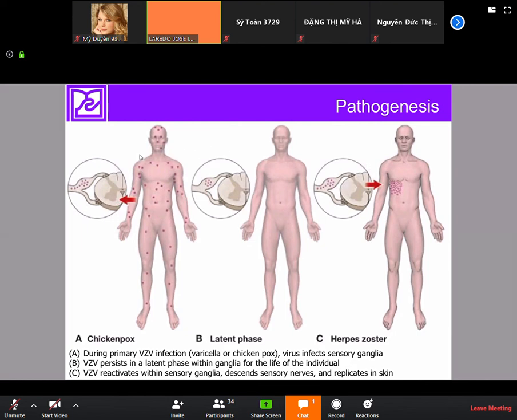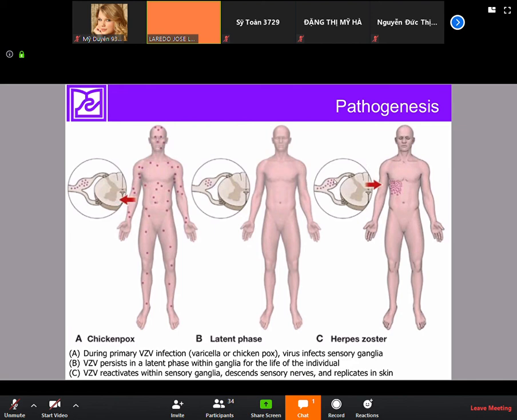When you suffer the primary disease, varicella, you acquire the virus through droplets or through contact. So your immune system is going to produce antibodies, and these antibodies are going to protect you forever. But antibodies cannot enter inside the nerves.